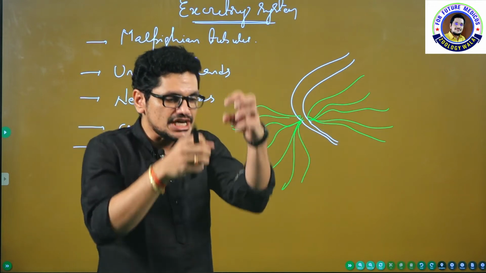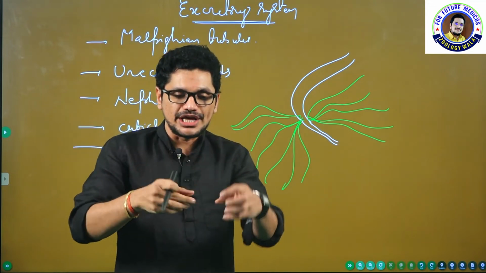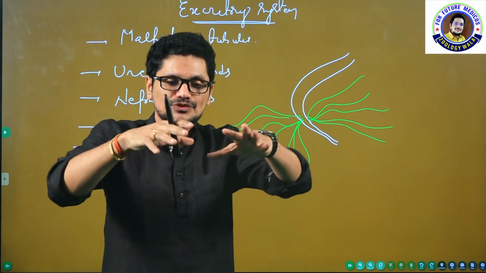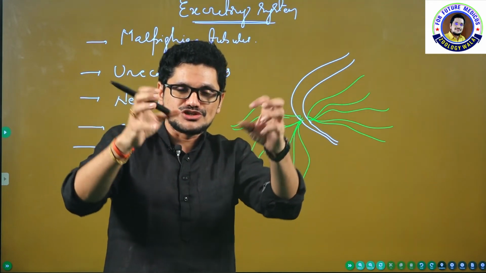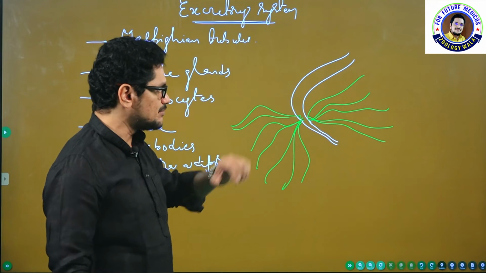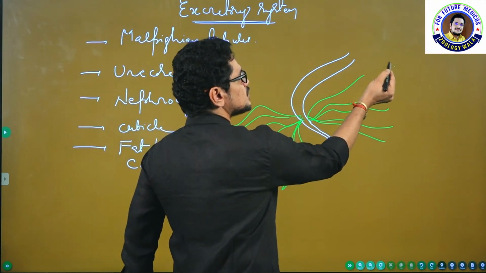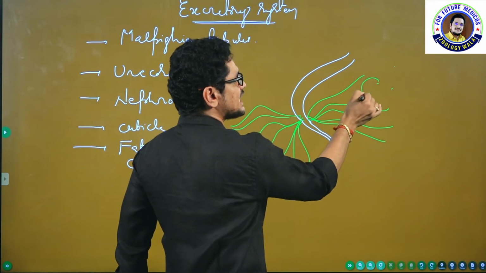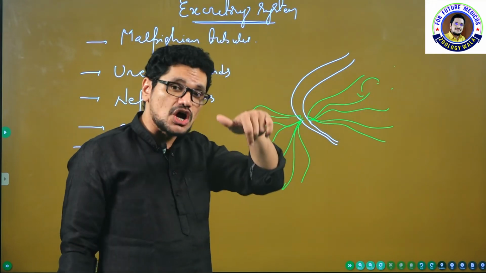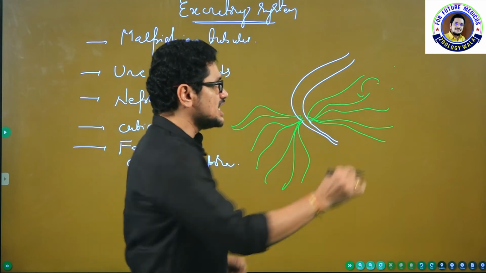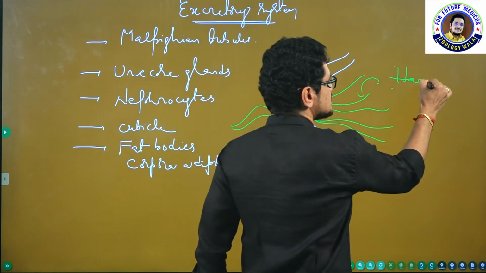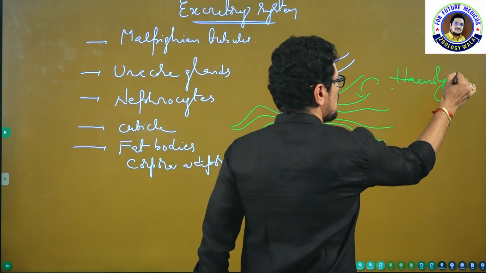If you open the body of the cockroach and dip it in water, the Malpighian tubules will float like this. These are the Malpighian tubules, and this is the ileum. Now these Malpighian tubules collect the waste material from the hemocoel, the body cavity filled with hemolymph, the body fluid.